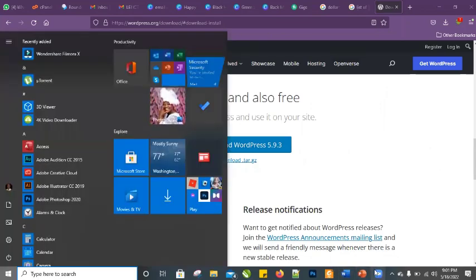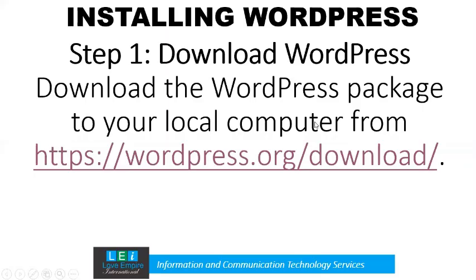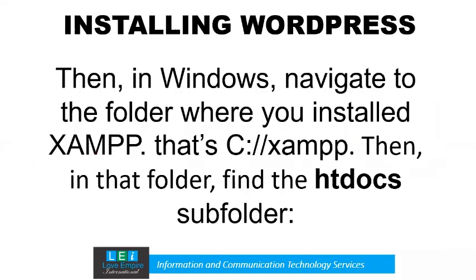By the time it's done downloading, you open the download folder. You'll see the WordPress downloaded in a zip file. I believe we all know what a zip file is.